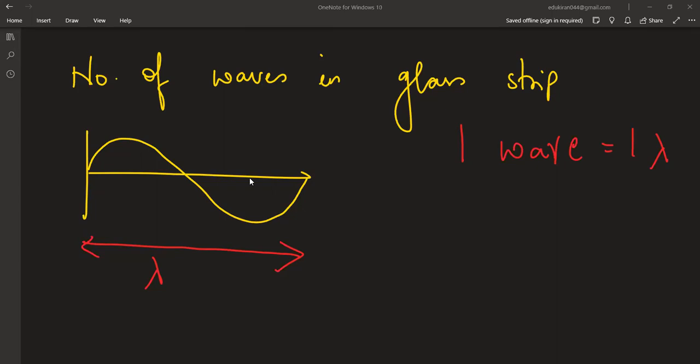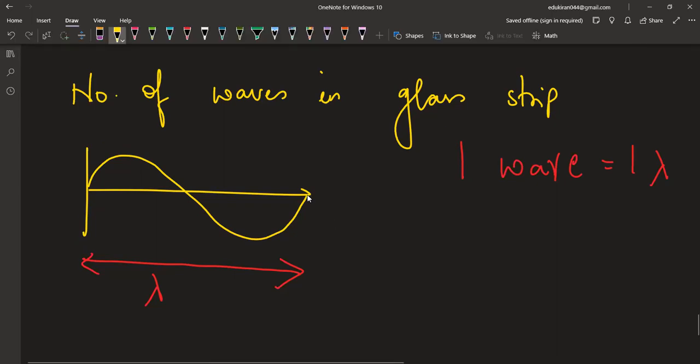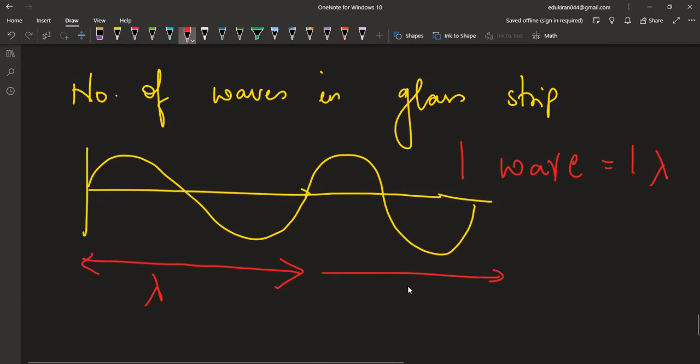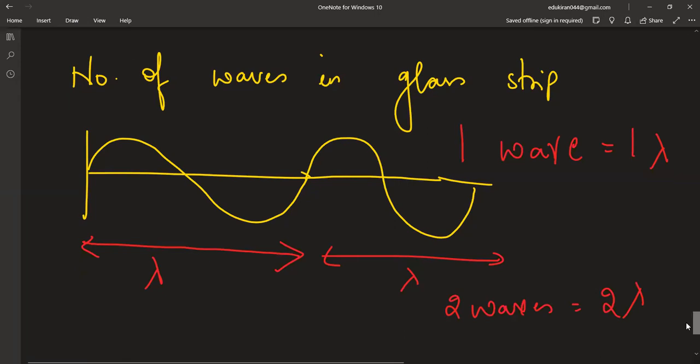Now see, if I expand this, suppose two waves I have taken. Now what will be the wavelength? This wavelength, again one wavelength. Then I can say two waves is equal to 2 lambda. Like this, 3 waves, 3 lambda, and so on, the numbers will be increasing.